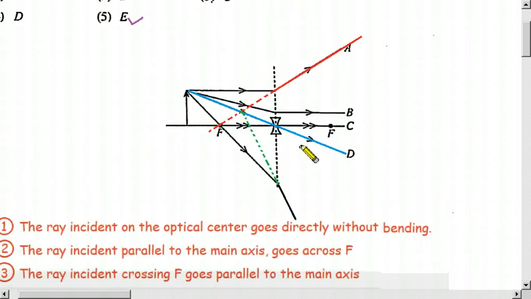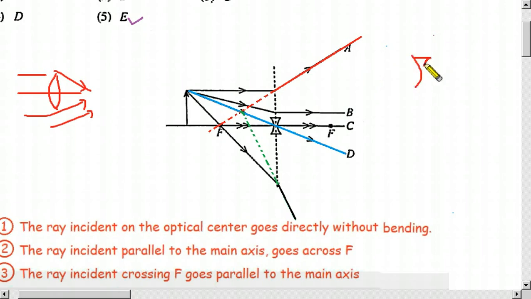So you can use both methods. Either you can use this rule, checking diverging and converging. If it were a convex lens, all the rays would converge towards the principal axis. But here, since this is a concave lens, all the rays should bend away from the principal axis.